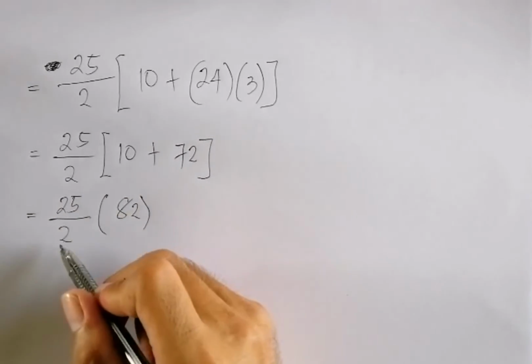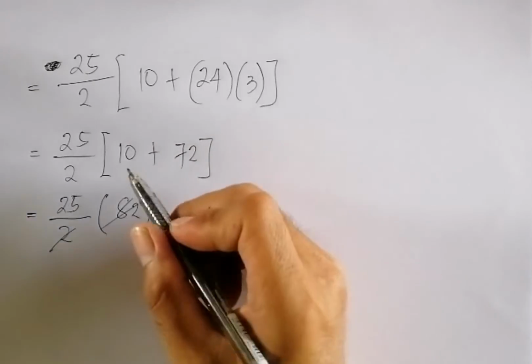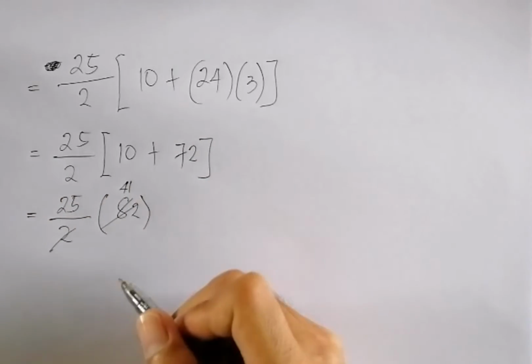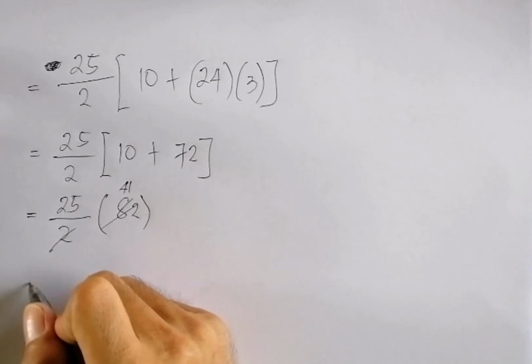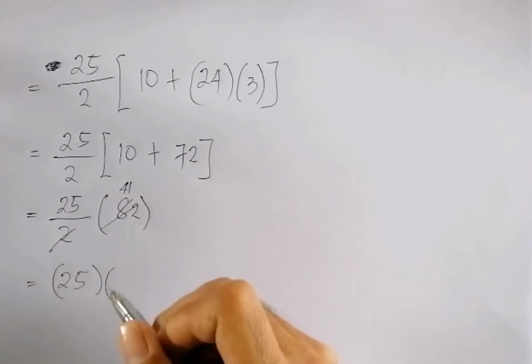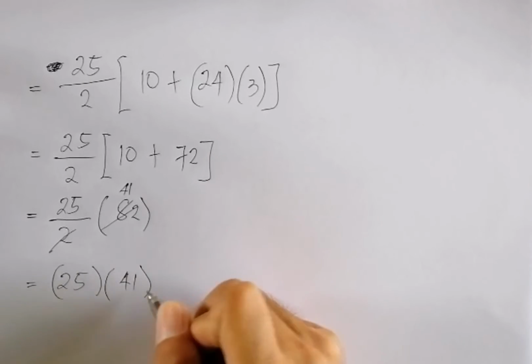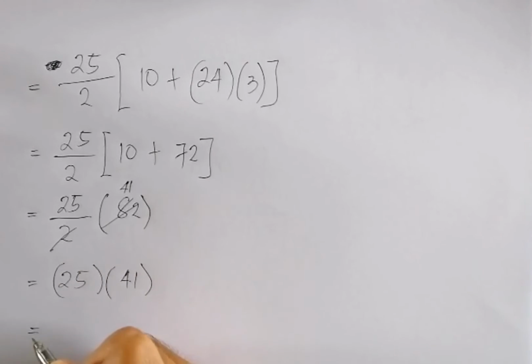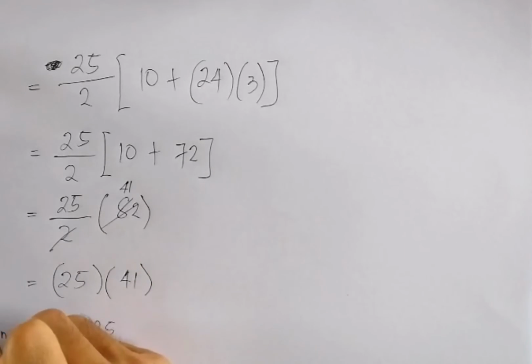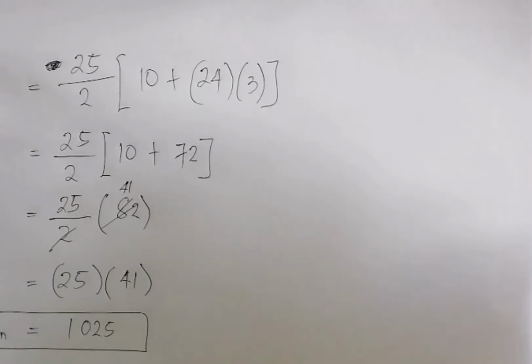Then divide 82 by 2, and that is equal to 41. Then multiply 25 times 41, and the product is the answer. S sub n is equal to 1025.